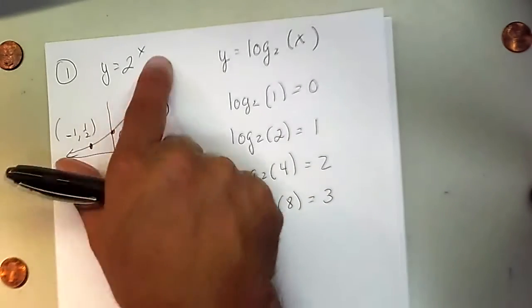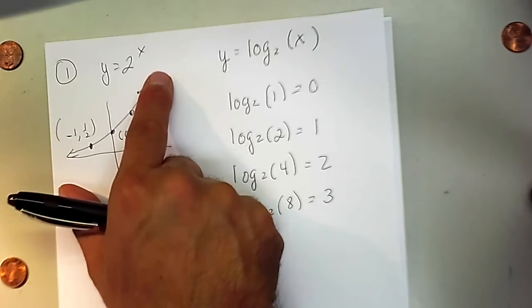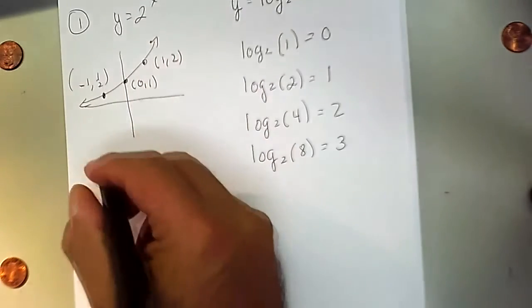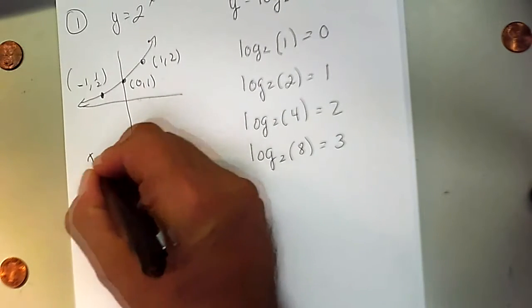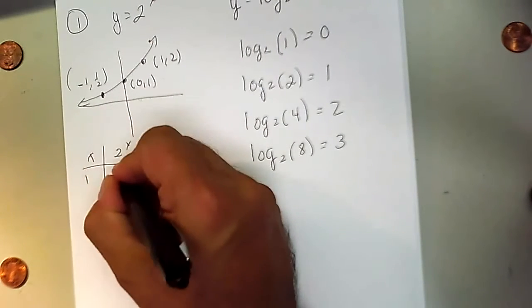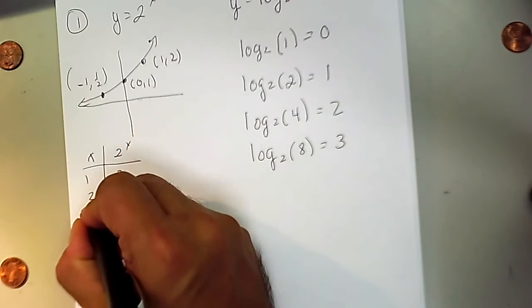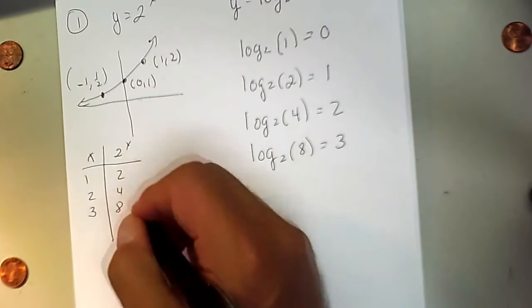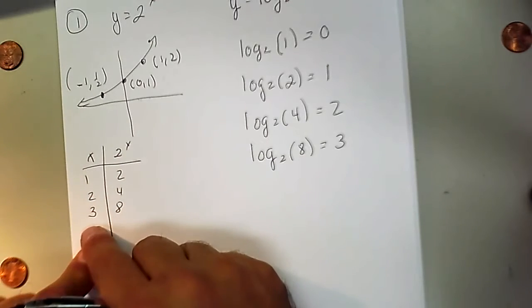The reason graphically is because when we plug in 3 into the exponential, we get 8 out. See, if you have x and 2 to the x, 1 goes with 2, 2 goes with 4, 3 goes with 8. So we want to undo this. We want to go the other way.